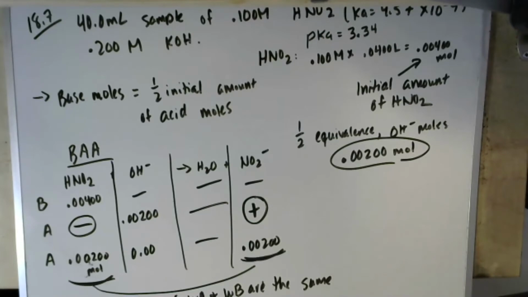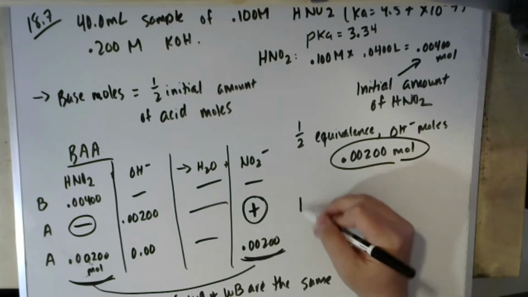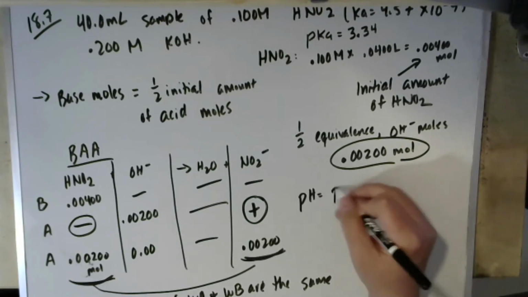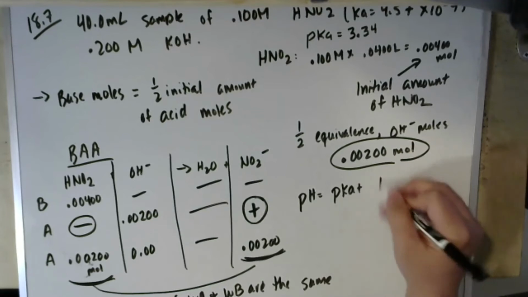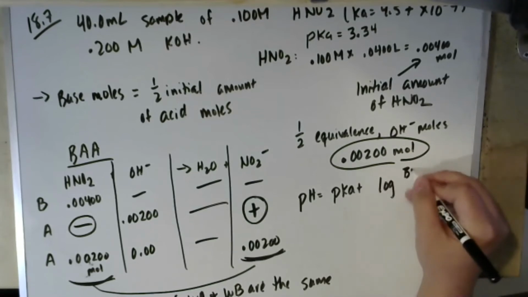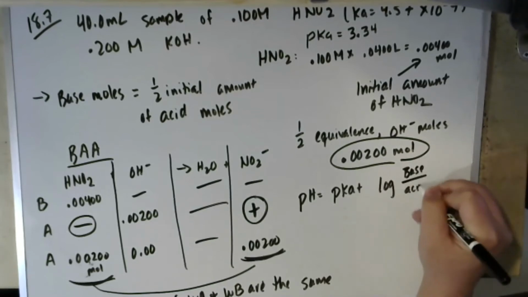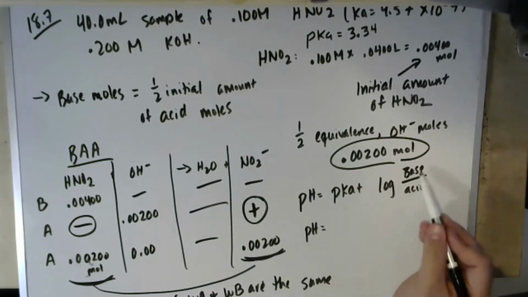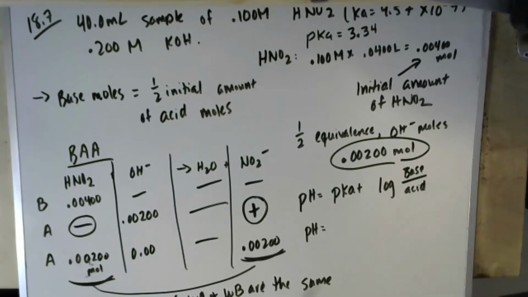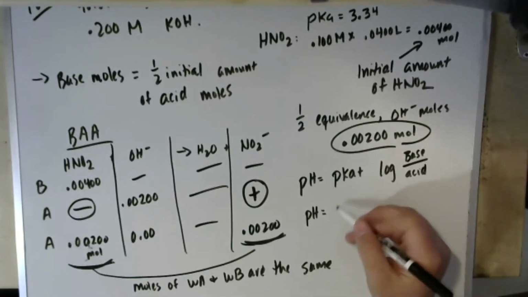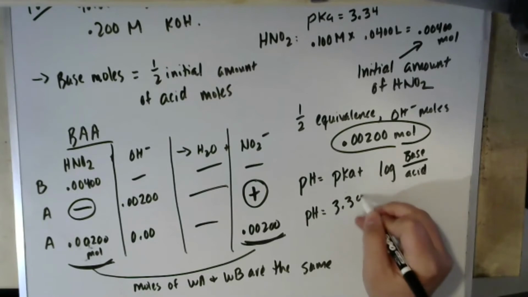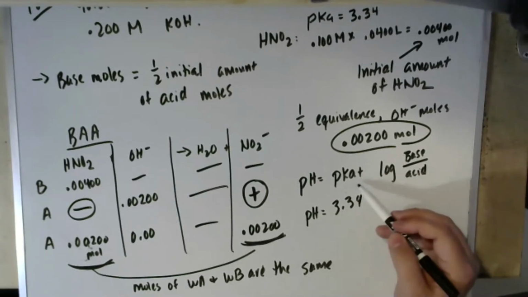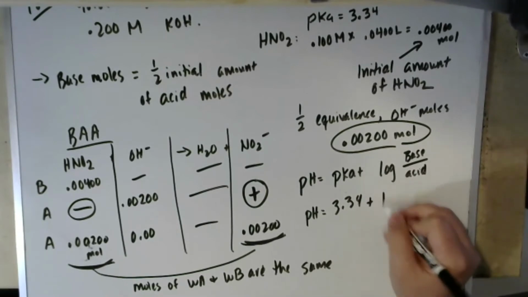Okay, and that's important because when you go to put this into your Henderson-Hasselbalch equation to solve for the pH, what happens when you have the same weak acid and weak base values? Our pKa doesn't change, it's still 3.34.